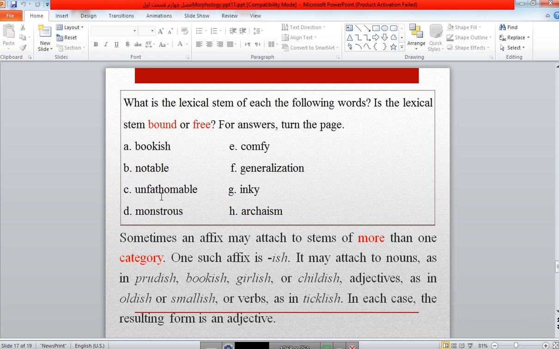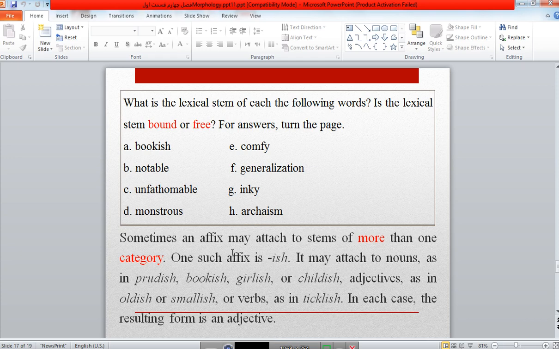Unfathomable, again, it's a kind of free. Monstrous, if we omit ous, the word which remains is a kind of bound stem. Comfy, again, is a kind of bound. Generalization, free. Inky, free. And archaism is a kind of bound stem. So you can read it again and recognize the stem, the free stem or bound stem.